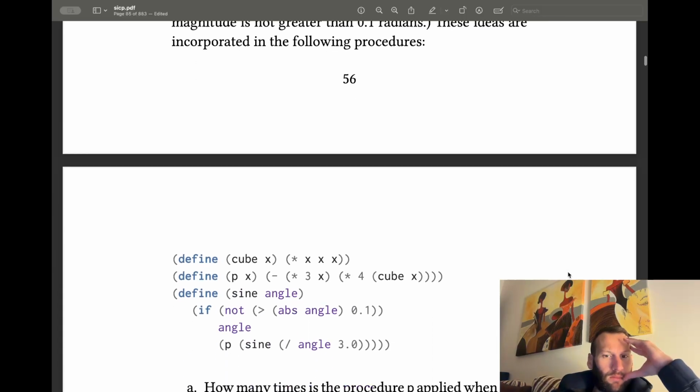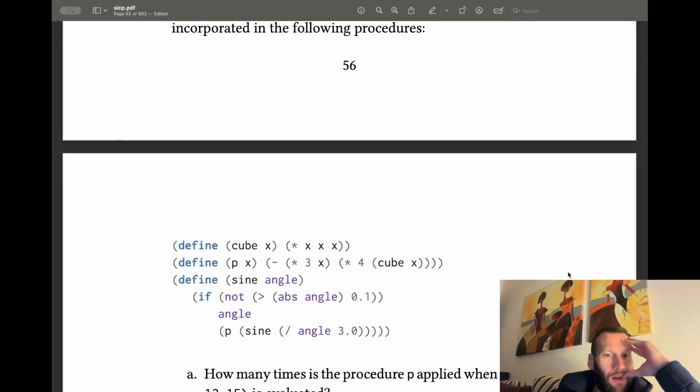And sine of an angle: if the angle is not greater than 0.1, we return the angle, otherwise we approximate it.